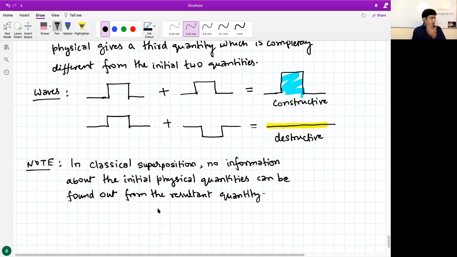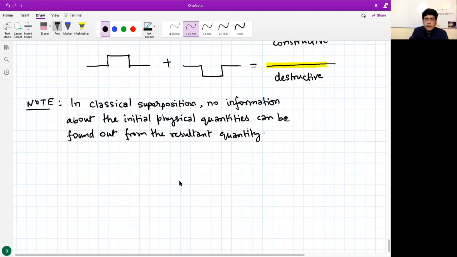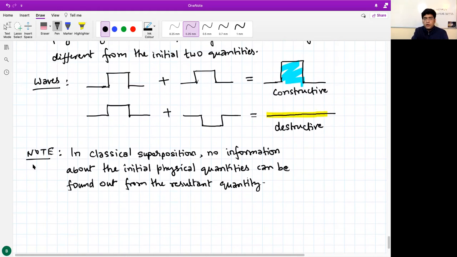Now, let's talk about quantum superposition. I told you about the example of a Zoom call. In this Zoom call, there is something called noise cancellation. There's active noise cancellation.